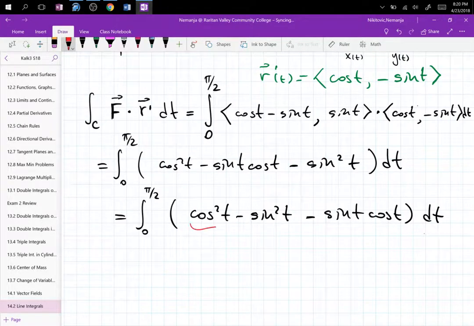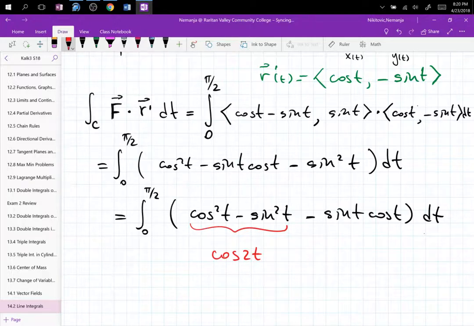These two puppies over here are giving me cosine 2t. That's a trig identity that you learned two years ago or earlier. And I don't know if you know it or not. You don't have to know it, because you can always go ahead and do the power reducing, which you must know. Power reducing is a survival thing. This is just, you know, you're cute if you know it.